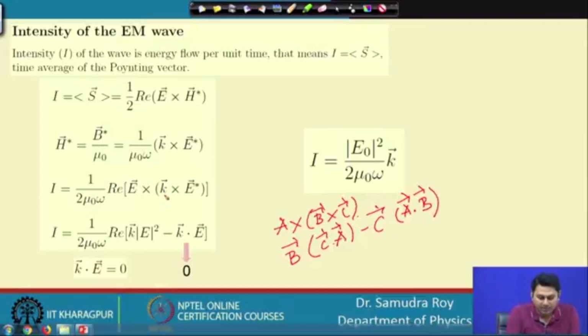Now, E cross k cross E star: B here is E, so my first term, B here is k.